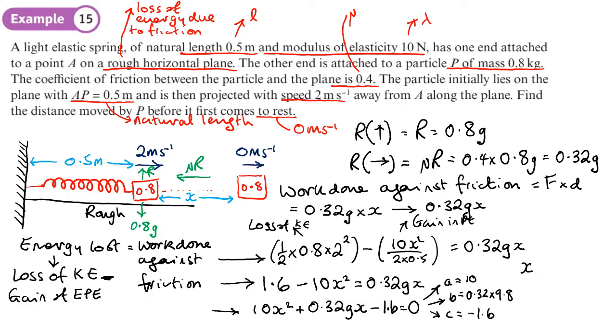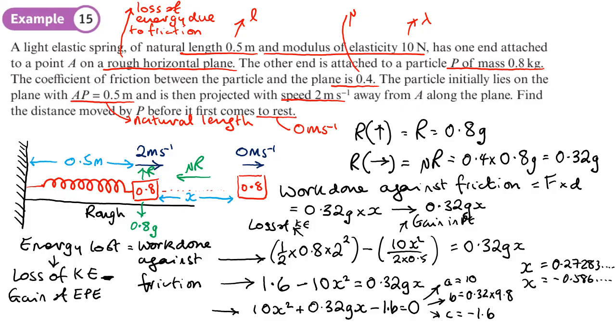Now I get a value of x either equal to 0.27283, or the other value of x is negative 0.586 and so on.